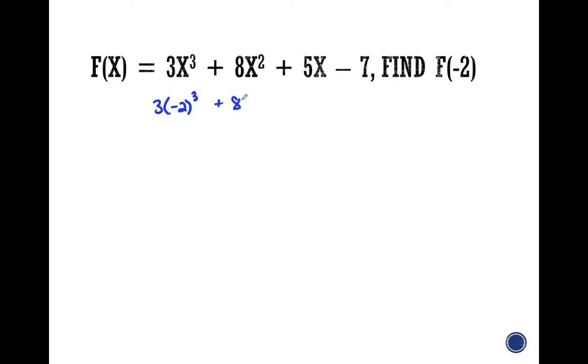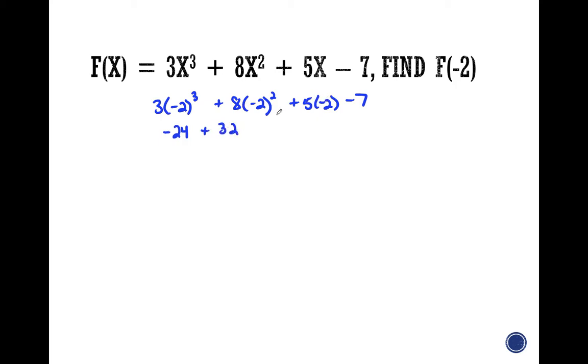So let's start the long way. If I just plug in negative 2 for x, this is f of negative 2. So I do my math work here. Negative 2 cubed is a negative 8, and a negative 8 times 3 is a negative 24. Then over here we'd have a negative 2 squared, which is 4, times 8 is a positive 32.